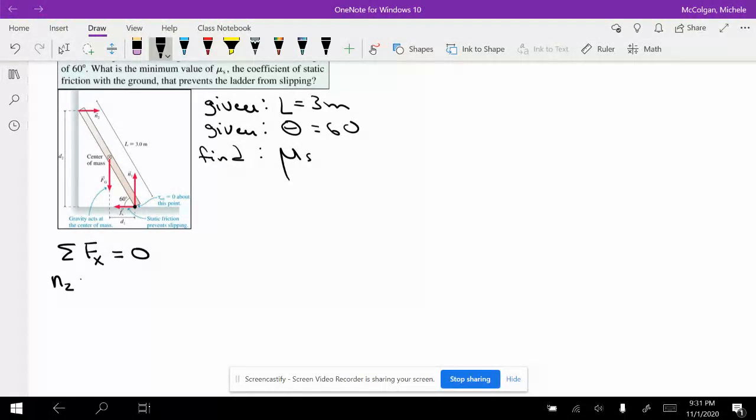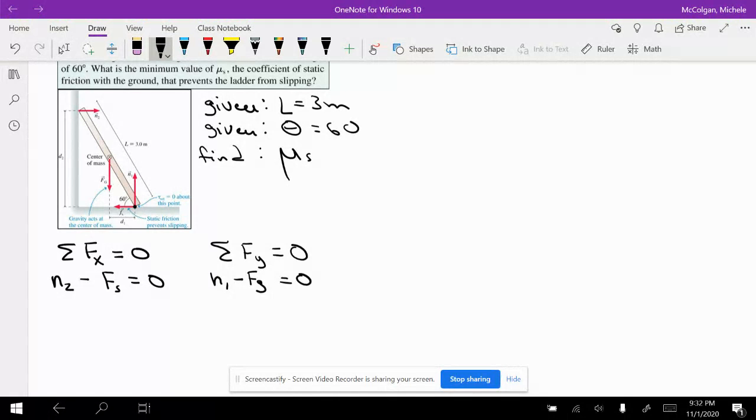N2 minus the force of static friction, Fs, is equal to 0. And the sum of the forces in the y direction equal to 0: N1 minus Fg equal to 0.